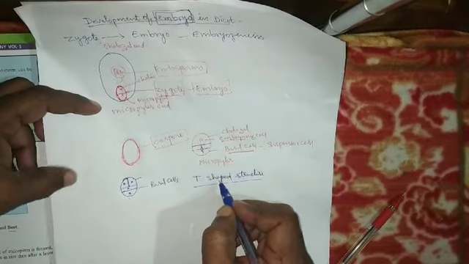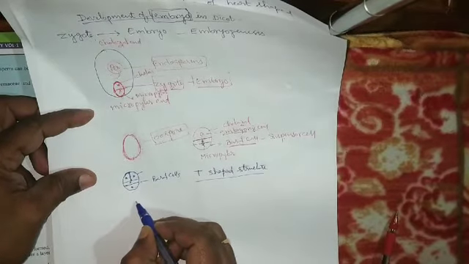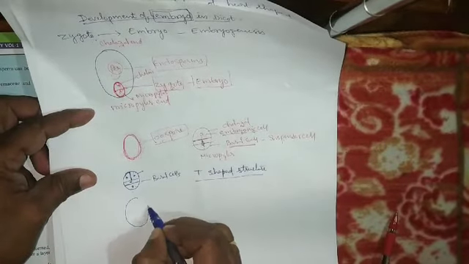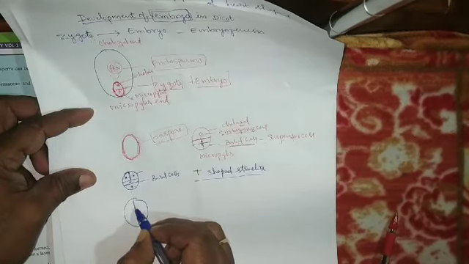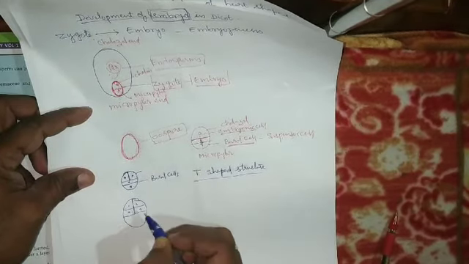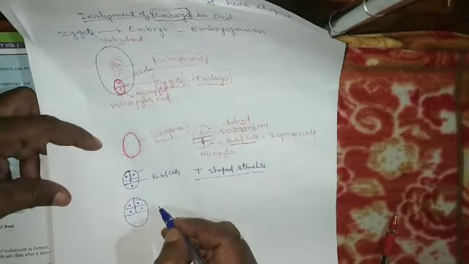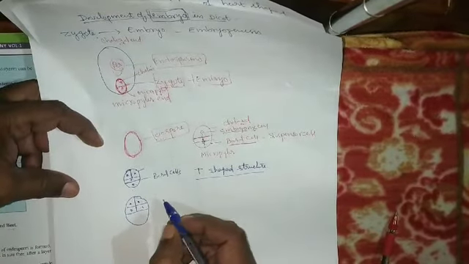Next, the embryonic cell divides and forms a four-celled structure. Now it is called the quadrant stage.